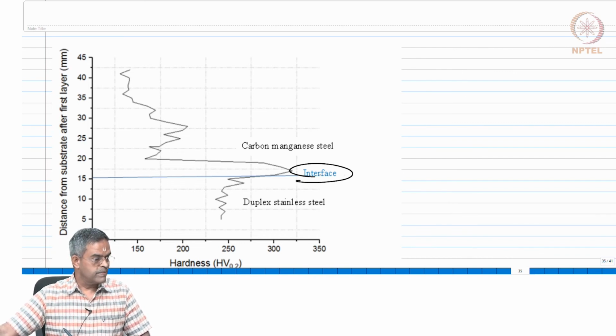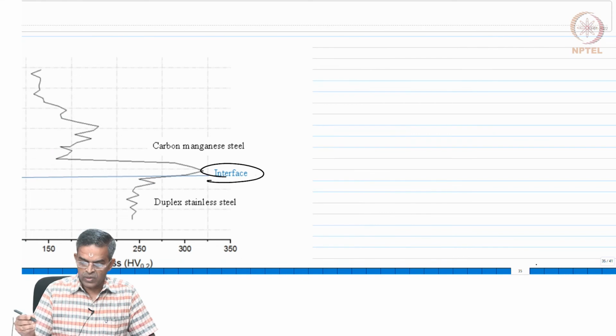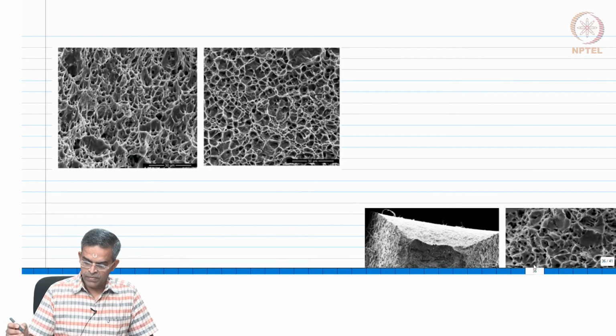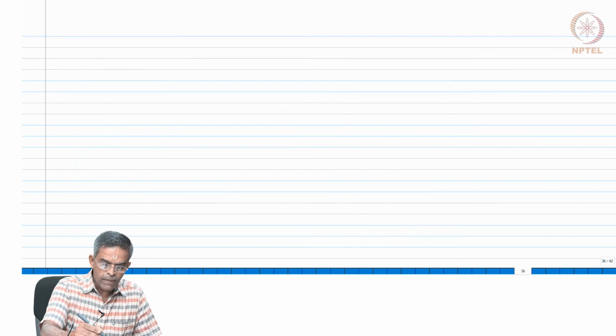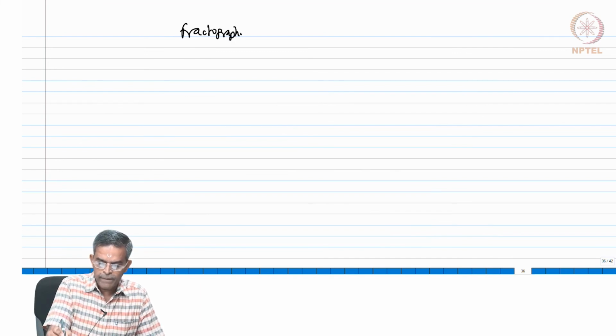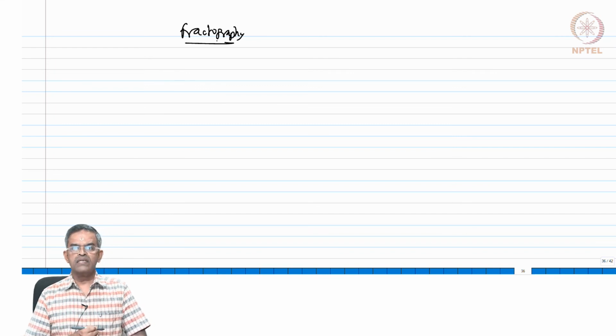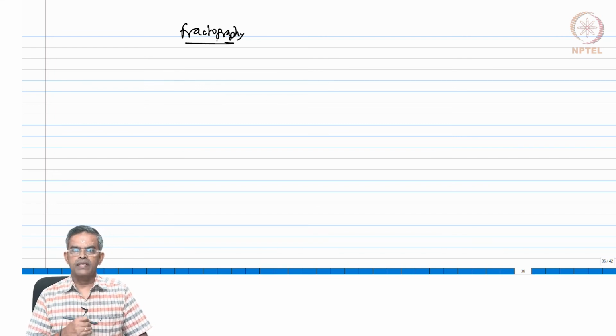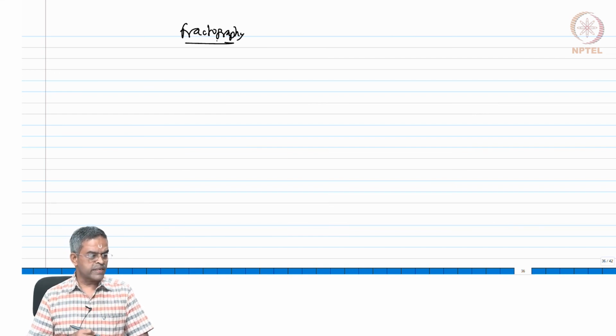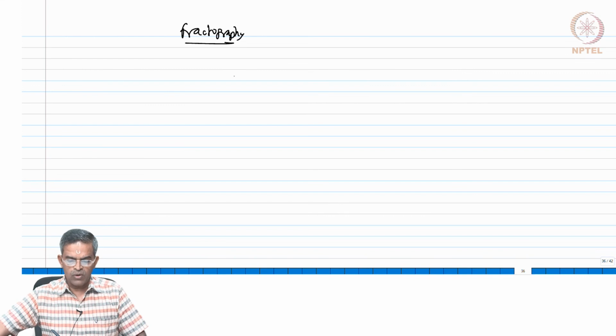Furthermore, friends, a fractography analysis was also carried out on the FGM mold by extracting a section comprising both carbon manganese steel and duplex stainless steel. Fractography is conducted at both these locations of the tensile sample. So, the fractography image is now what I am going to show you.